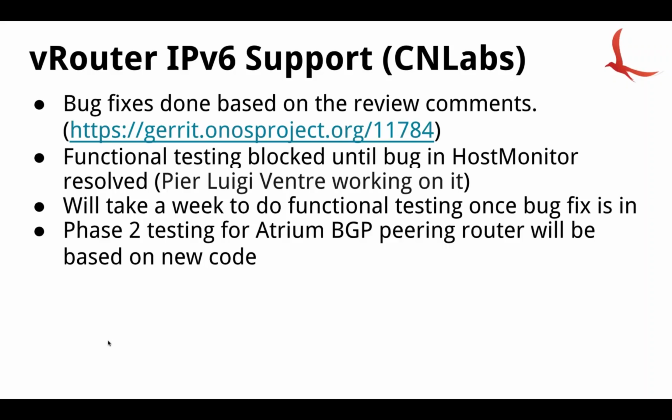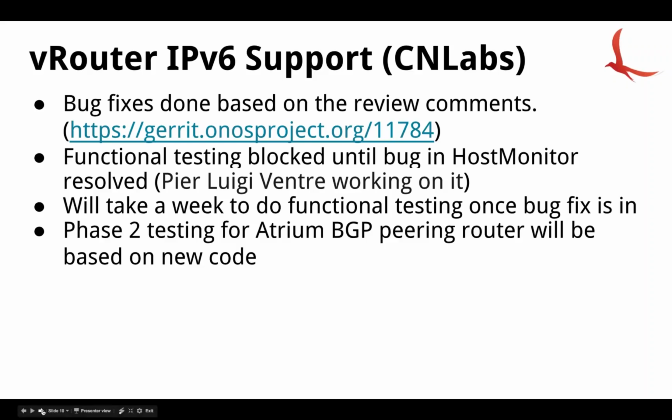These guys, I think they are trying to support IPv6 in vRouter, and basically there is a bug in the HostMonitor when we try to probe sending NDP packets, but these packets are not correct with regard to the RFC. But I don't know if this bug really blocked the API. I don't know. Yeah, this is what I can say.